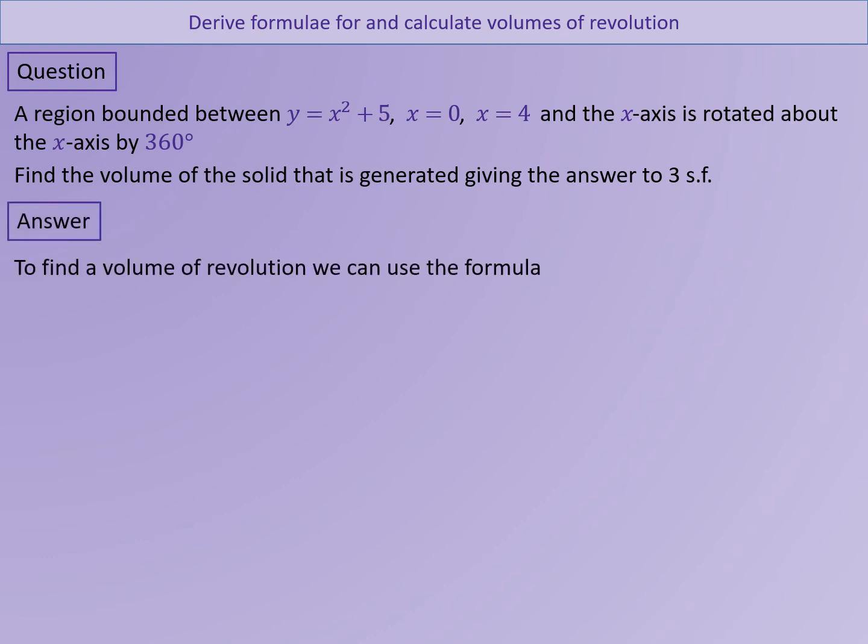Because we're rotating around the x-axis, the formula we're going to use is pi multiplied by the integral of y² dx, with a and b being the x values. So this is going to become pi multiplied by the integral from 0 to 4 of (x² plus 5) squared. This is because y is x² plus 5.